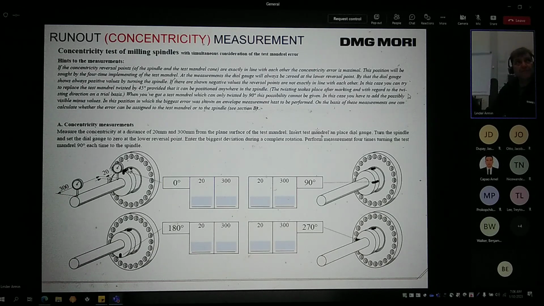So we measure it with 0 position or 0 degrees position. We mark it and then we do 4 times the same 90 degrees step.